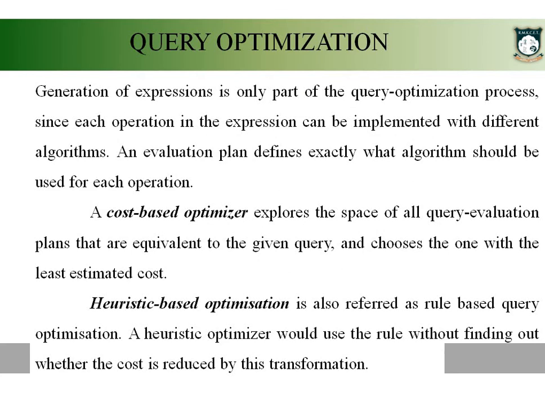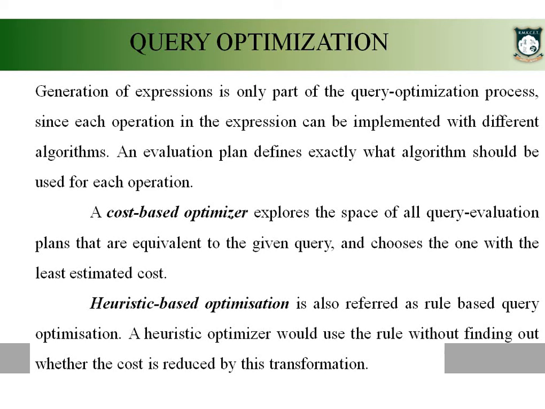Okay. Now once after choosing the equivalent algebraic expressions, the next thing the optimizer has to do is choose the appropriate expression whose cost is lesser. Now how to choose the one whose cost is lesser? There are two approaches of choosing the appropriate algebraic expression.